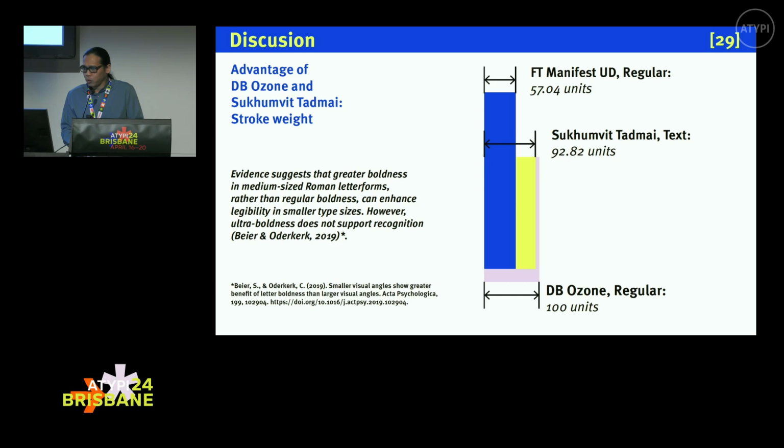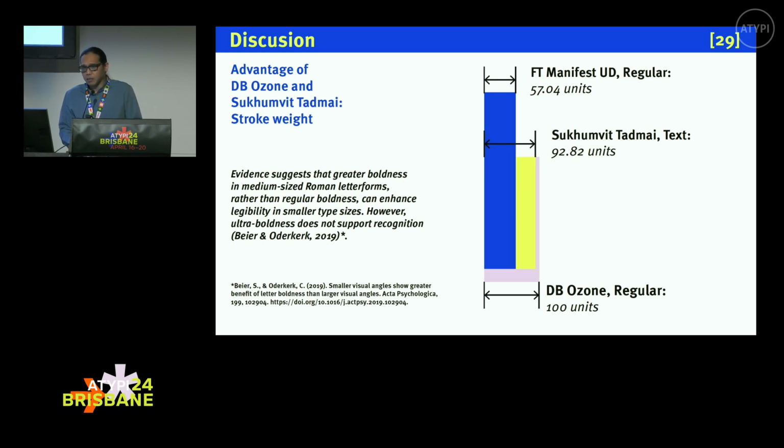This figure shows the stroke weight of the fonts tested: DB Ozone, Sukhumvit Tadmai, and FT Manifest UD. The stroke weight of DB Ozone and Sukhumvit Tadmai is larger than the stroke weight of FT Manifest.